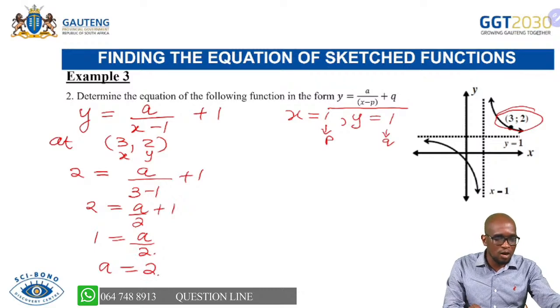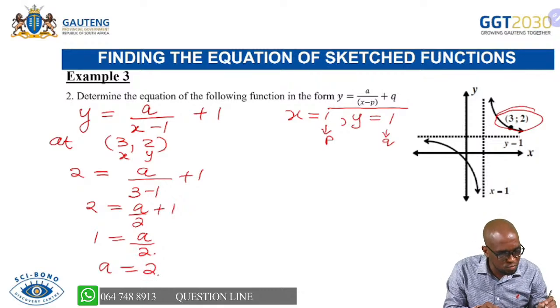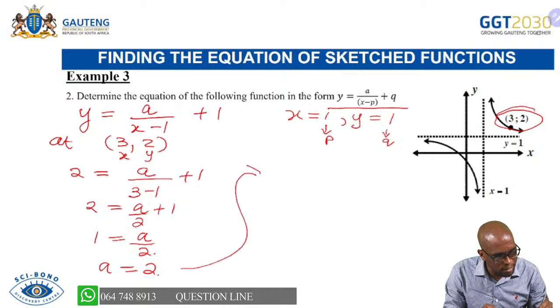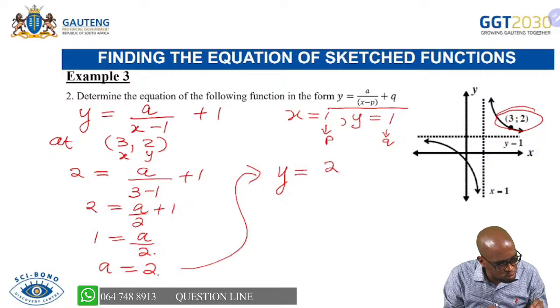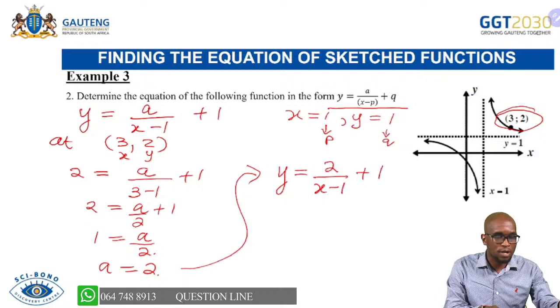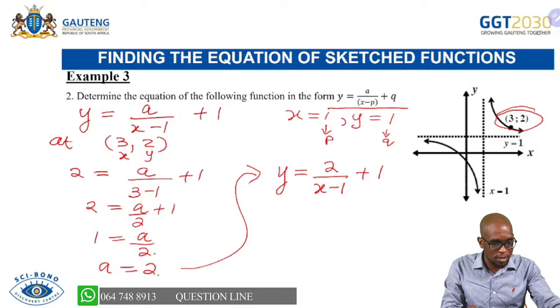Now we've worked out the value of a, so we can write down our equation: y equals 2 over (x minus 1) plus 1. That is the equation of this reciprocal function, or rather hyperbola.